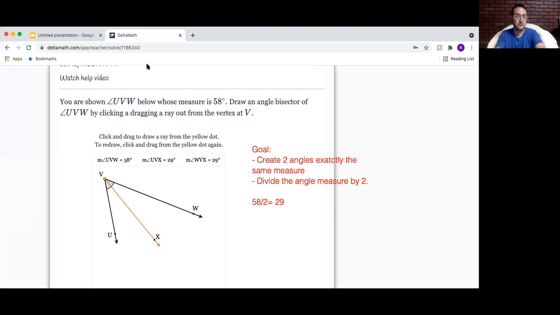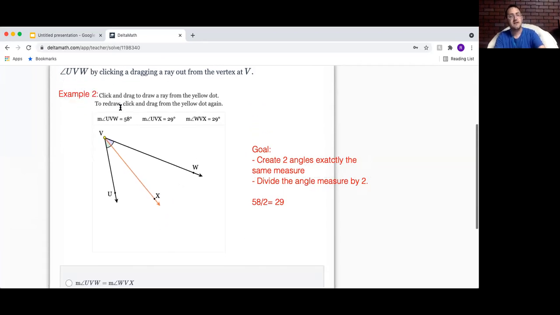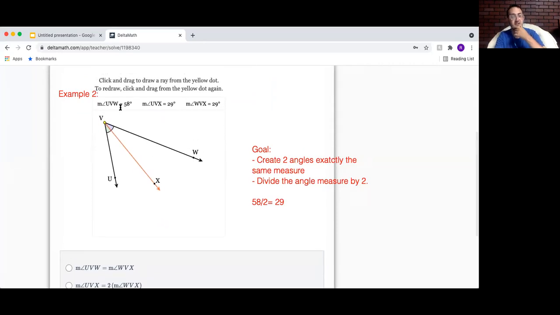So this is example 2, by the way. You may want to include a discussion in your notes. And we have the data here. Now it's just asking us a multiple choice question about the picture we drew. It says angle UVW is equal to WVX.